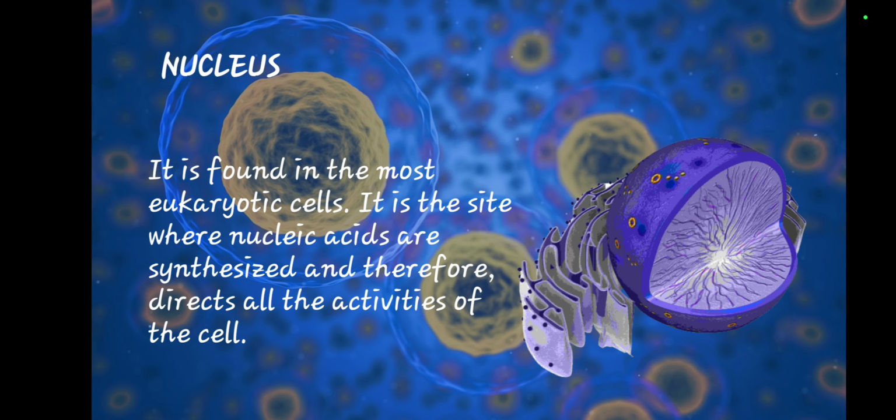Okay, let's proceed. Aside from mitochondria, which is my favorite part of a cell, this one has the power: the nucleus. The nucleus is found in most eukaryotic cells, in animals and plants. It is the site where nucleic acids are synthesized, and therefore directs all the activities of the cell.